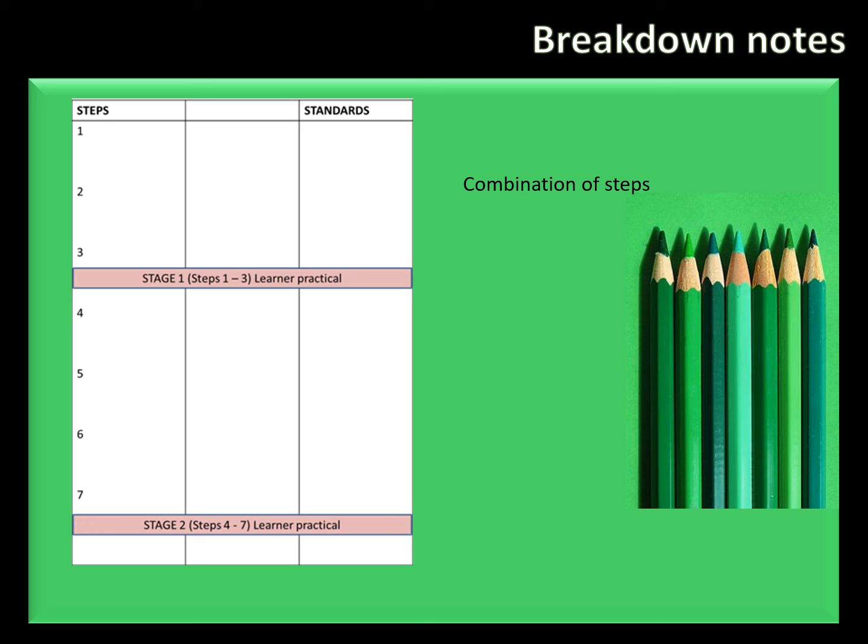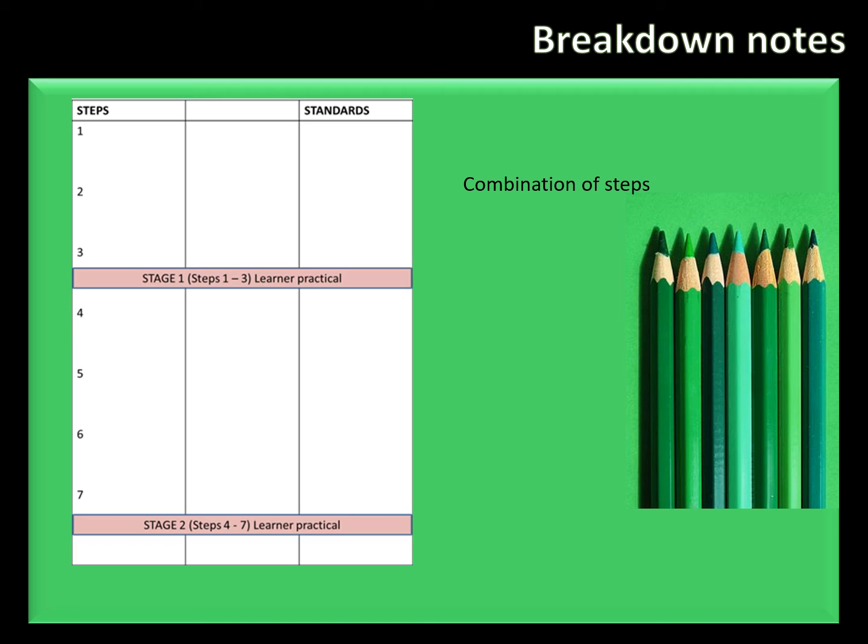So when your eye looks at the notes, you know that you've got to stop and you've got to say to the learner, I would like you to demonstrate to me what I have just taught you. When they are finished, you praise them and you say, good, let me carry on to step number 4.